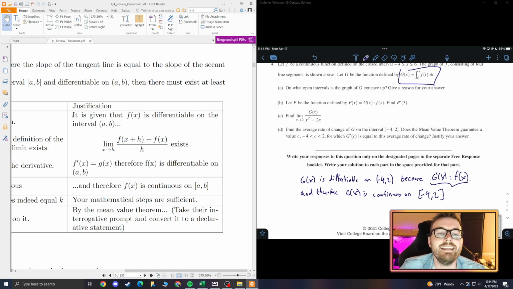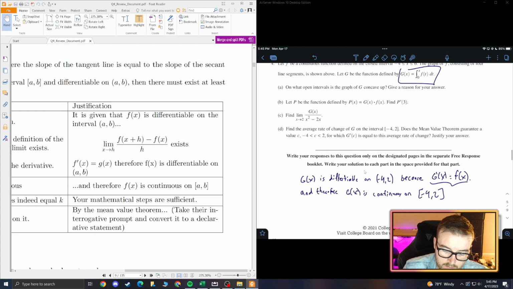So we didn't say it is given, but we said f prime of x equals g of x, therefore f of x is differentiable. Right? I kind of wrote my sentence backwards. I apologize for that. It was just what naturally came out. So could have, should have, whatever. G prime of x equals f of x. Right? It's all saying the same thing.